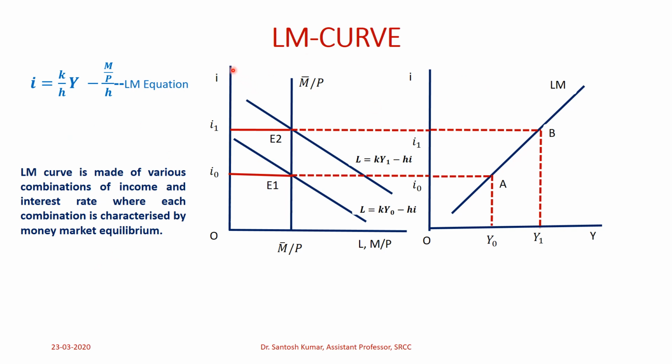Here in the first diagram, on the y-axis we measure the rate of interest, and on the x-axis we measure money supply and money demand. As far as representing money supply is concerned, we already know that money supply in this ISLM model is exogenous, determined by the central bank of the concerned country.